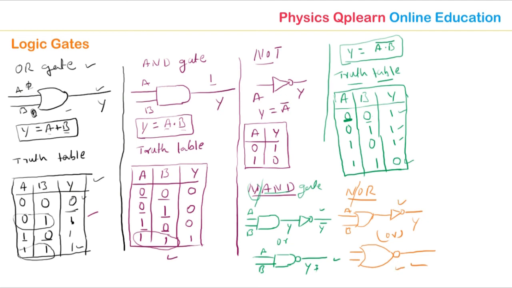What is the formula of the NOR gate? The formula of the NOR gate is Y is equal to (A plus B) bar. Here A dot B bar was there, here A plus B bar is there. Now the truth table I am going to take.